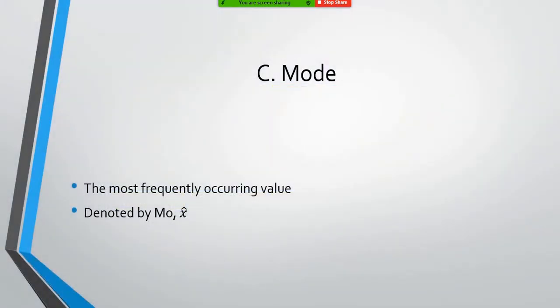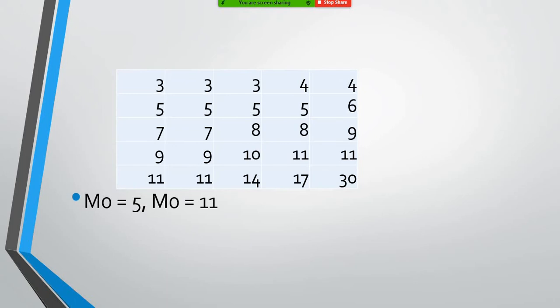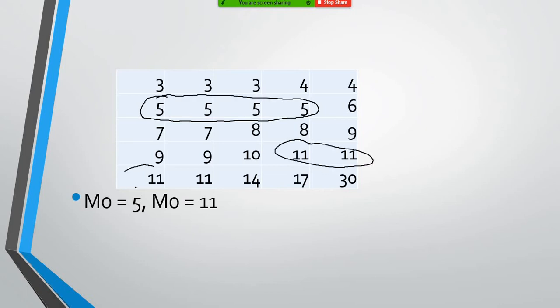The next and the easiest measure of central tendency to understand and to compute is the mode. This is the most frequently occurring value denoted by MO or X hat. So here in our dataset, we can see that we have actually 2 most occurring values, which are 5 and 11.